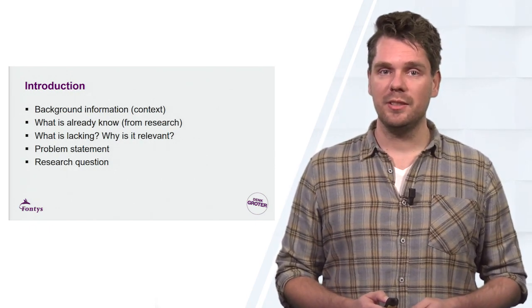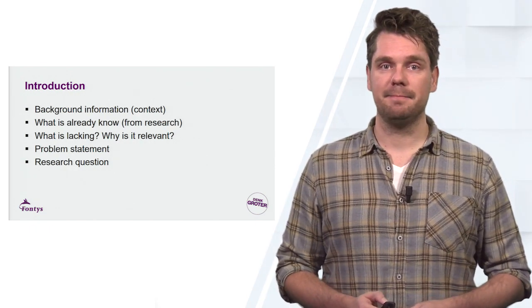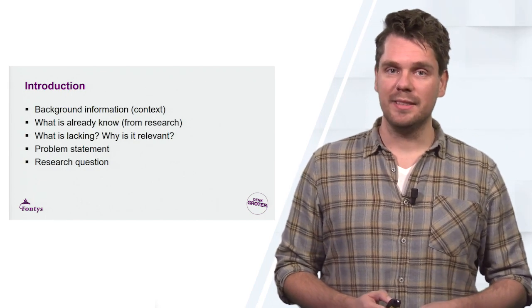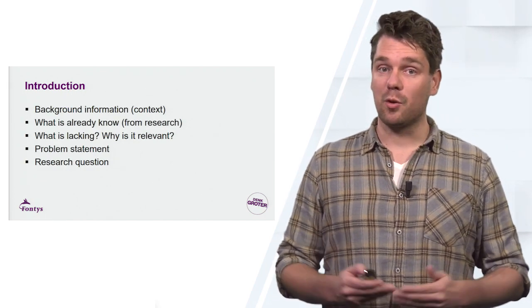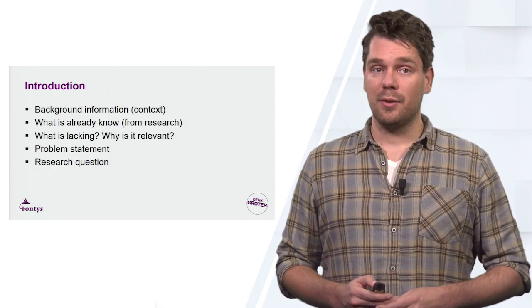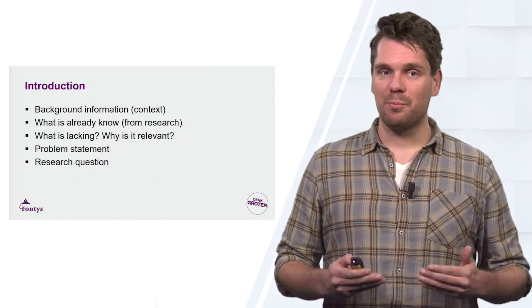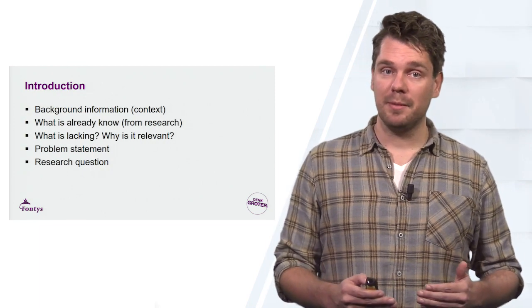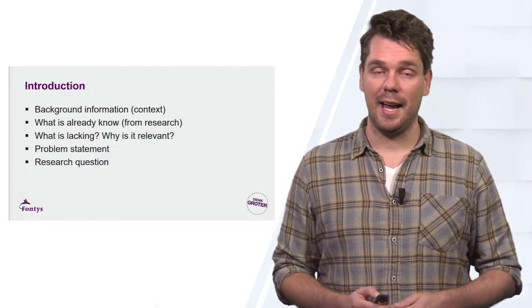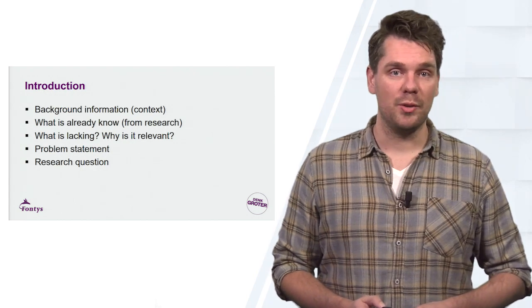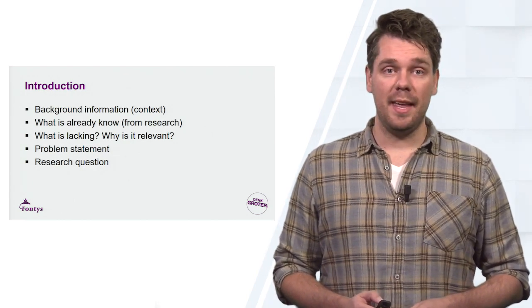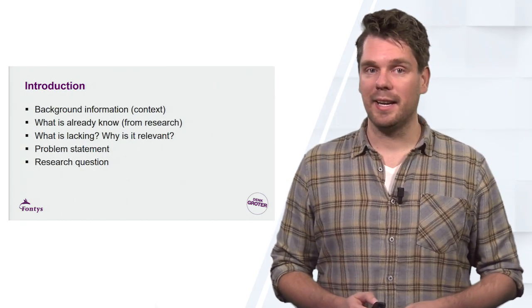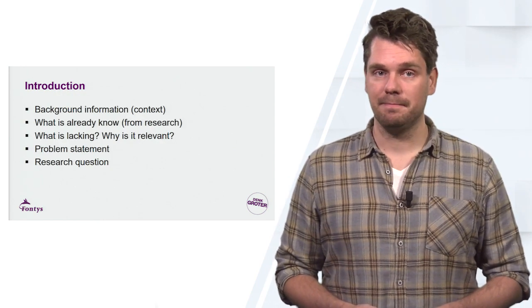What information don't we know yet? And why is it relevant to have that information? For who? From that, there should be a logical problem statement. And by now you know that a problem statement is, for instance, formulated as something is not known yet. Then there's only one question remaining, and that's the research question.